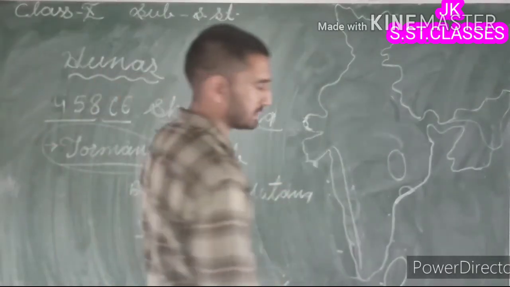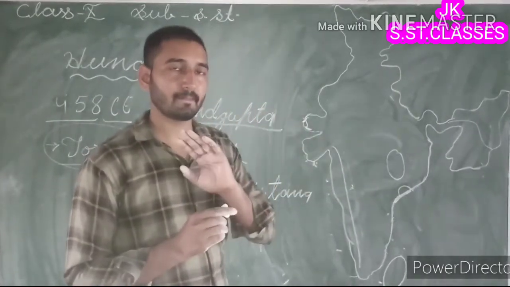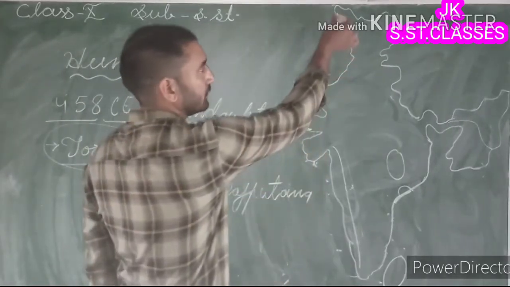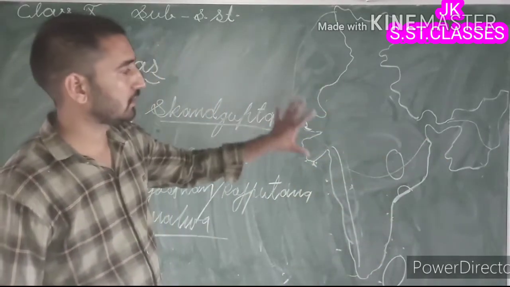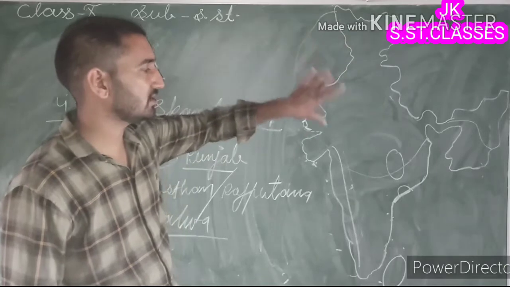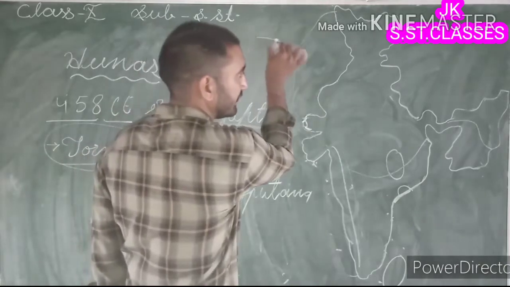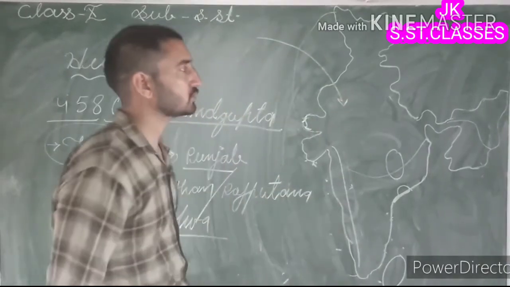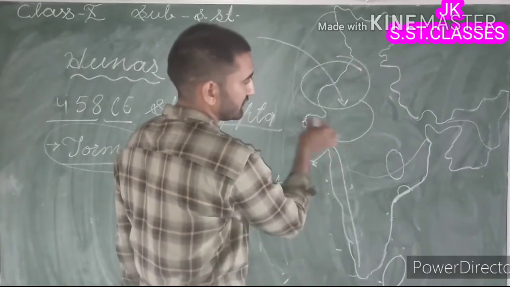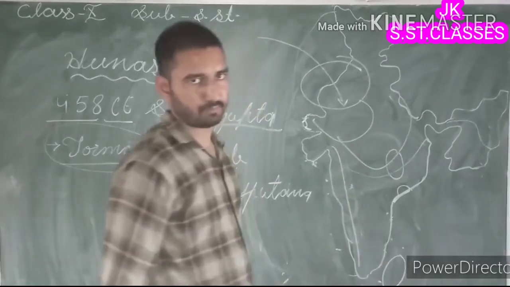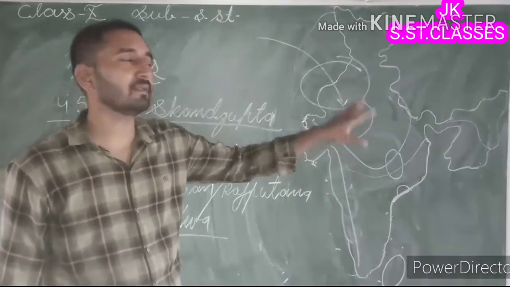As we discussed, the empire of the Gupta rulers spread from the Hindu Kush mountains till the Malwa region. This part of India, the northwest and the middle part of the country, was under the control of Guptas. Tormana invaded India from the northwestern side, and first of all occupied the region of Punjab and Sindh. After that, the region of Rajputana, and then the region of Malwa. That is to say, the region which was earlier under the control of Guptas was occupied by Tormana.